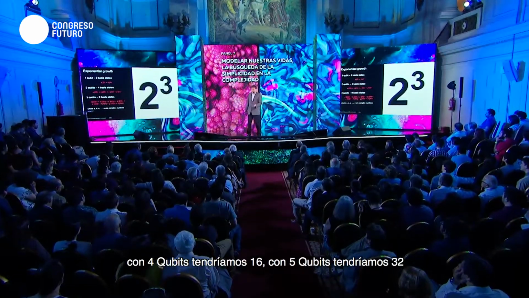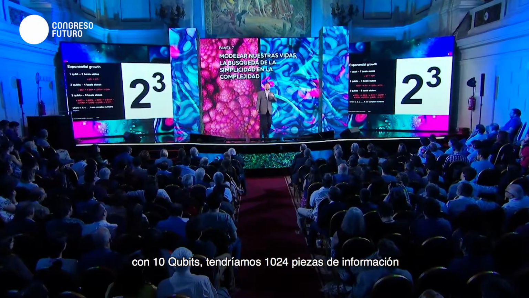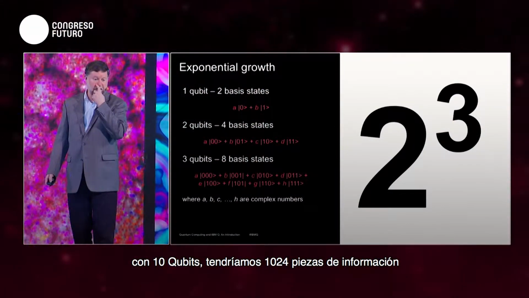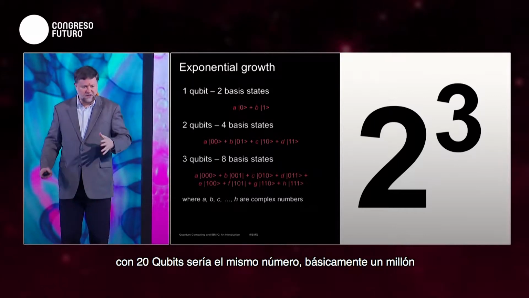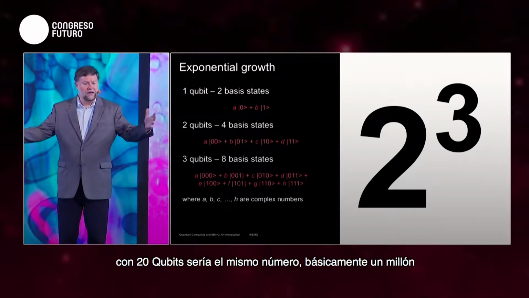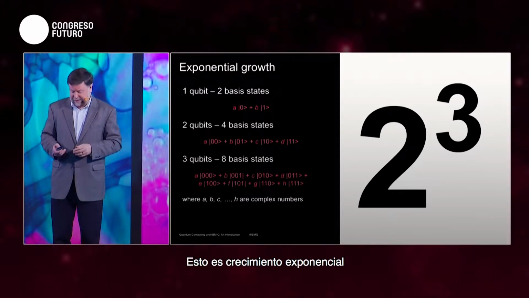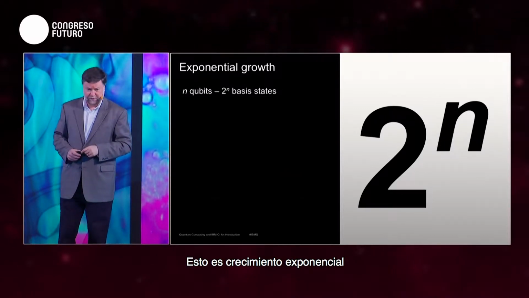With 4 qubits, we would have 16. With 5 qubits, we would have 32. With 10 qubits, we would hold 1,024 pieces of information. With 20 qubits, it would be basically a million, as you think of in a megabyte. This is exponential growth.